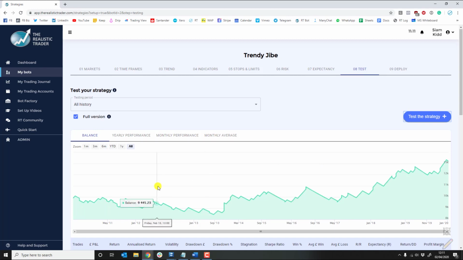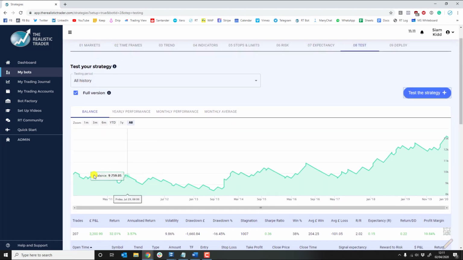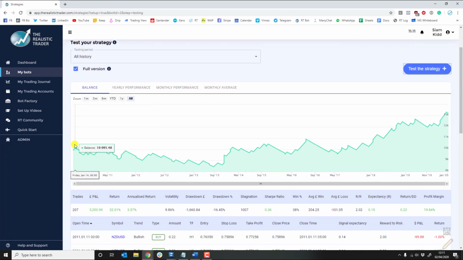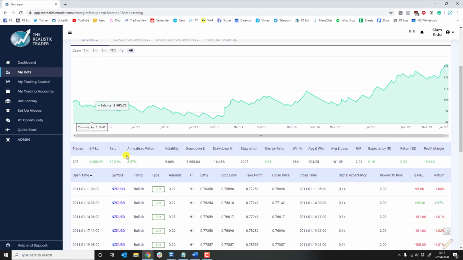So there we go, this is showing you the balance. You started at 10 grand back in 2011, and as you can see, the account went up, not that much.